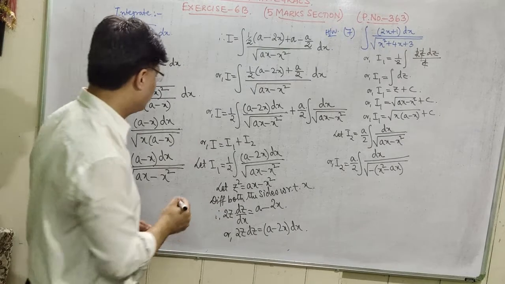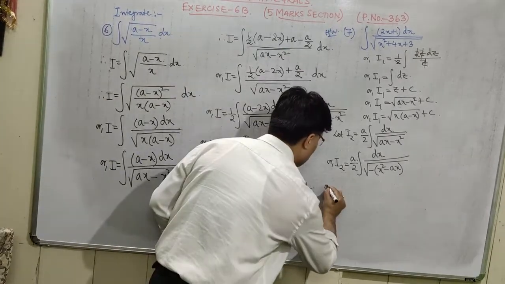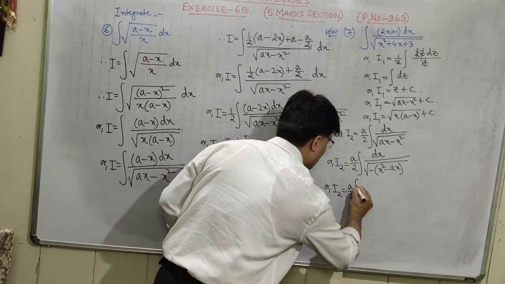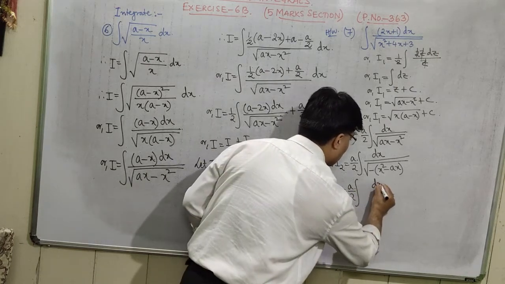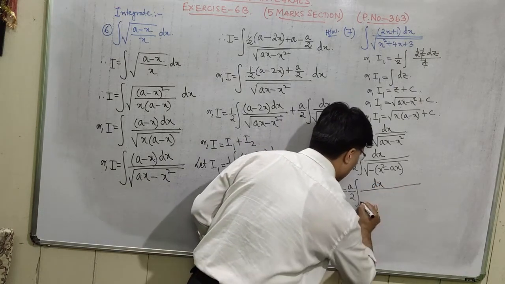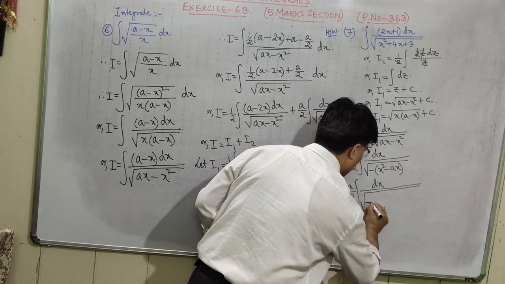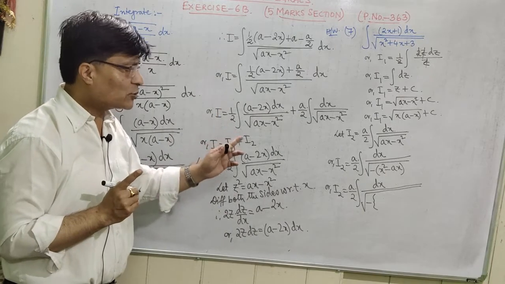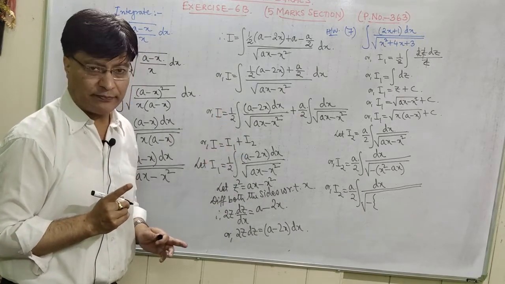Is that clear? Next, I2 is equal to a by 2 integration of dx divided by square root of minus, within second bracket, x square minus ax.